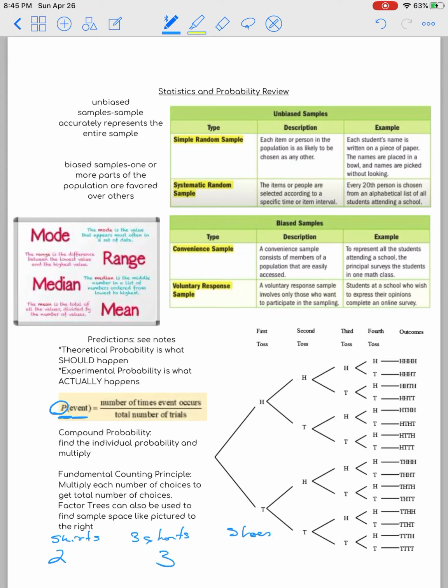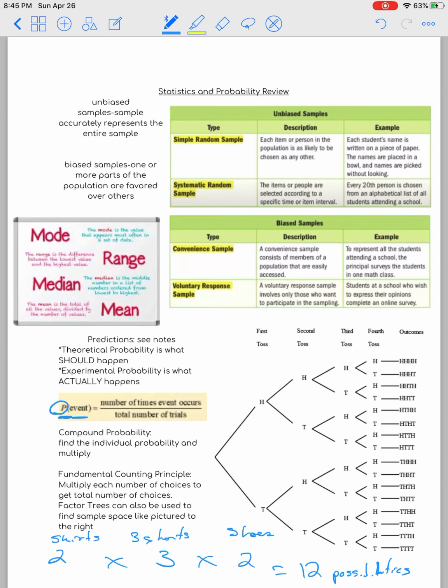And then shoes. Let's say we have, I don't know, 2 shoes. 2 times 3 times 2. That is 6 times 2. That gives you 12 possibilities. All right. That's your fundamental counting principle.